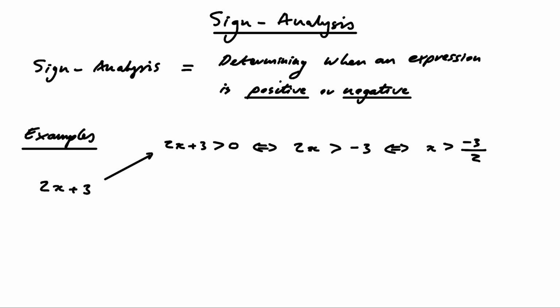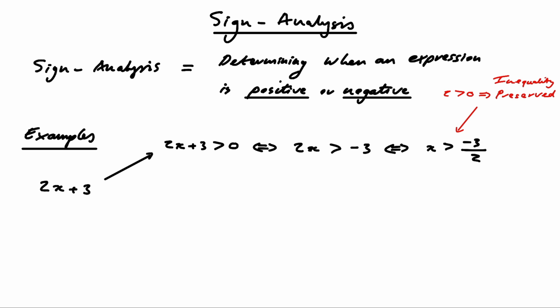The crucial thing is that 2 is positive, so the inequality is preserved. Being strictly greater than 0 is exactly the same as x being strictly bigger than minus 3 over 2.